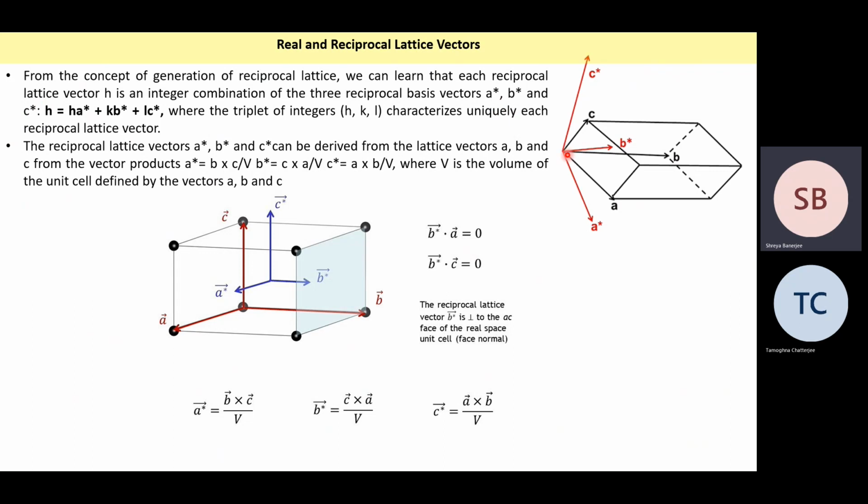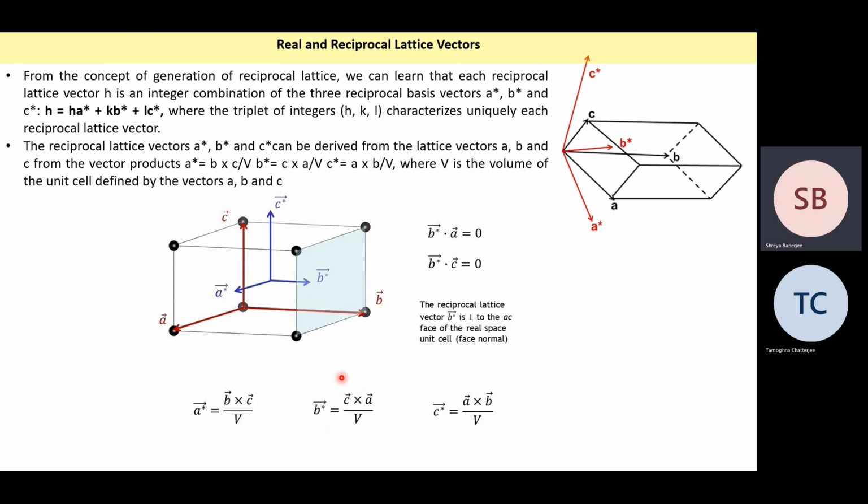If you are defining any vector in the reciprocal lattice, like H, you will define that as H A star plus K B star plus L C star. A star, B star, and C star are the basis vectors of the reciprocal lattice, and any point in the reciprocal lattice can be defined in terms of these basis vectors and the HKL Miller indices.